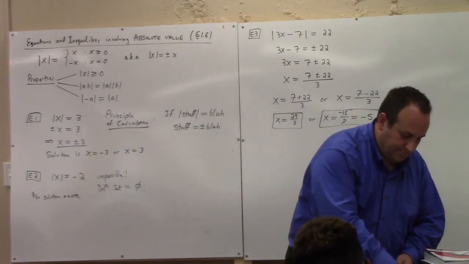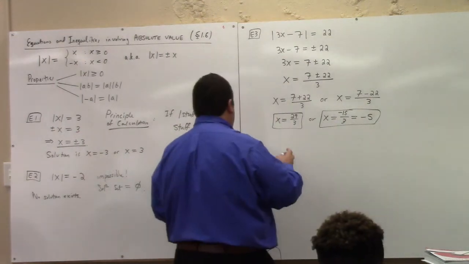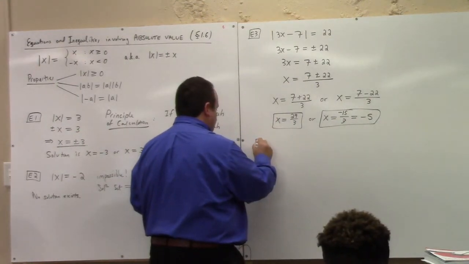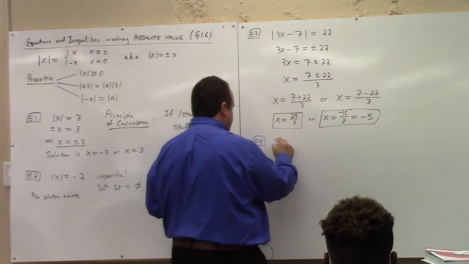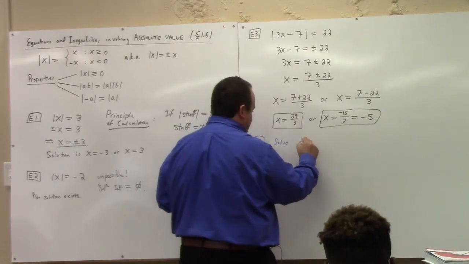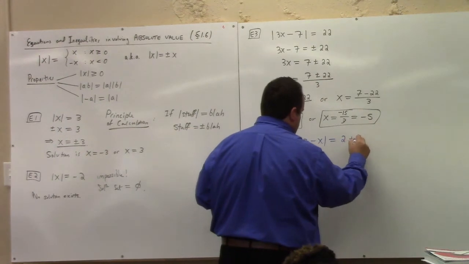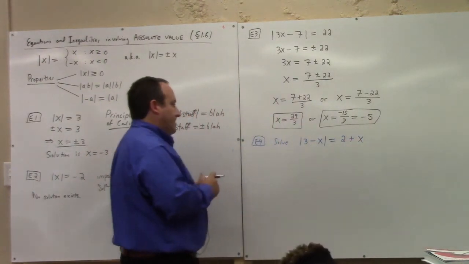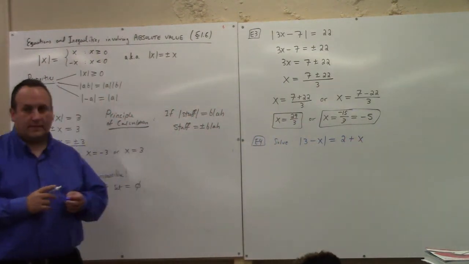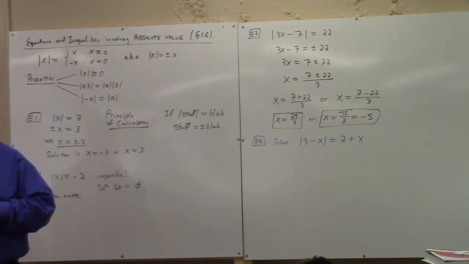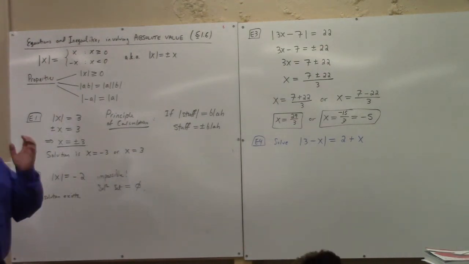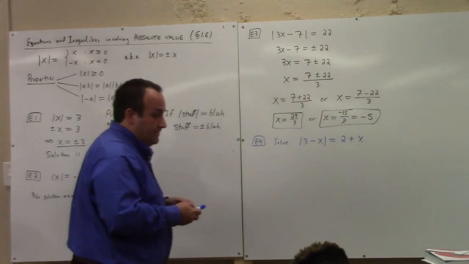So how about, here's one. Solve: absolute value of 3 minus x is equal to 2 plus x. There's two cases to consider here, right?